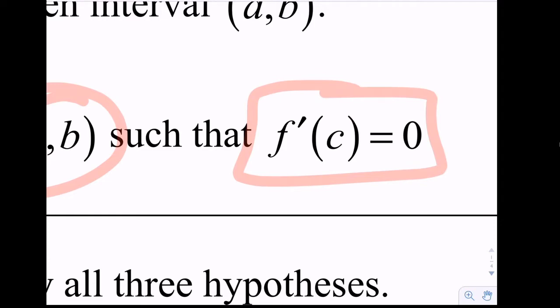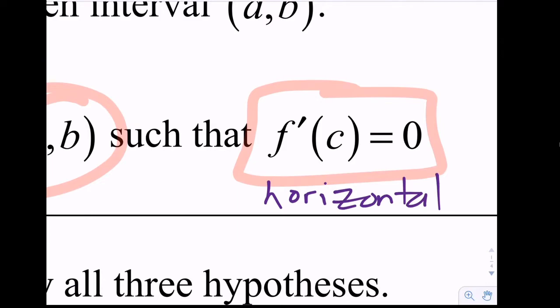There has to be at least one X value strictly between the endpoints. Can't be an endpoint where the derivative is equal to 0. Graphically, that means there has to be at least one place where the tangent line is what? Horizontal.